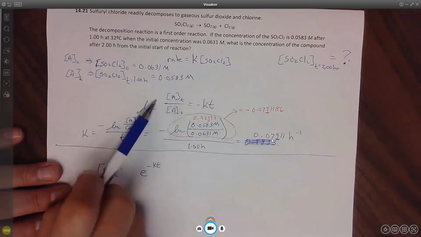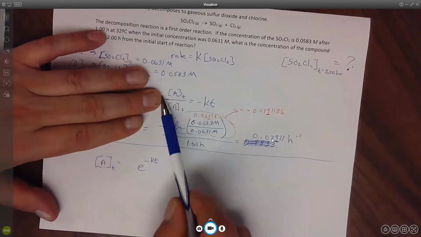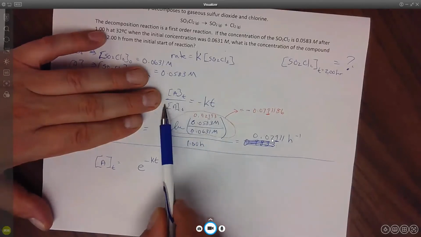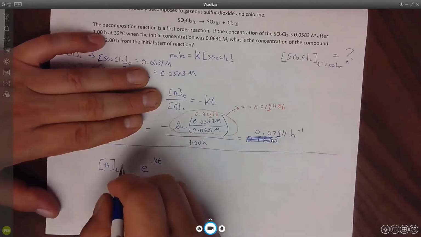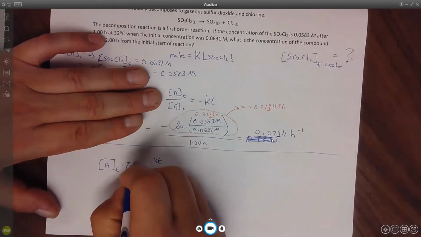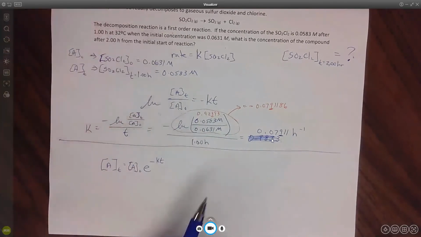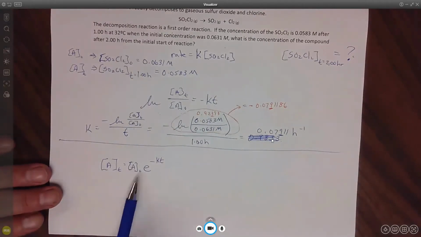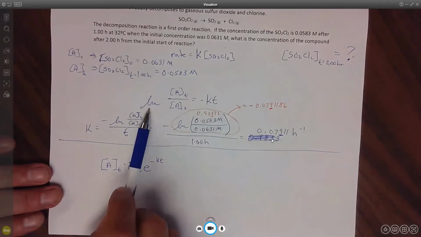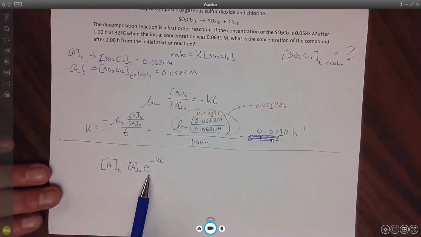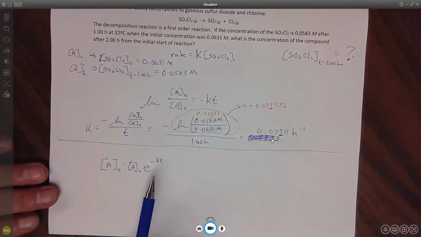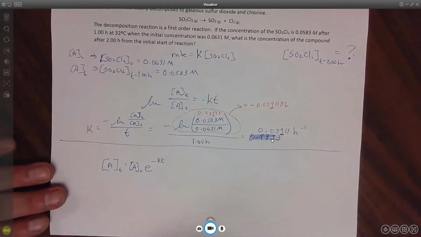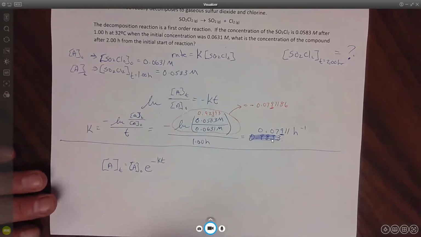So now all we have is this ratio is equal to e to the negative kt. Now I'm going to multiply by A naught. Just rearranging this equation gives us this. You're going to have to learn how to get rid of the natural log or log. And if you're uncomfortable with rearranging the equation, do it however you're comfortable with. Just make sure you're doing your homework and getting the correct answer, okay?